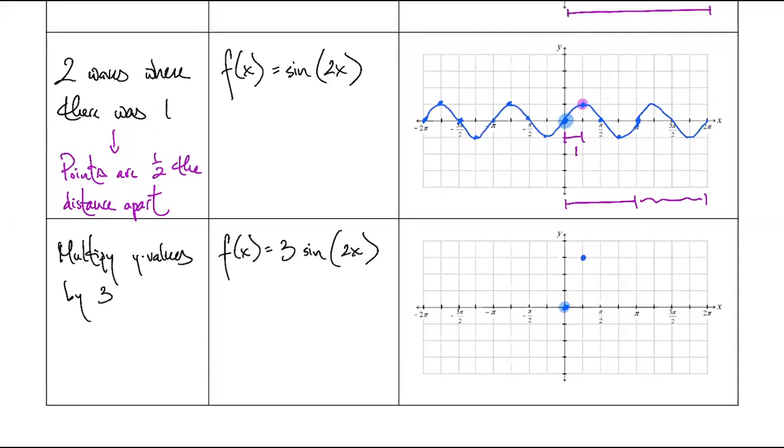Did I go up 3 from this purple point? It had a y value of 1, it went up to a y value of 3. I did not count up 3 units, but I did multiply by 3 to get the new value.